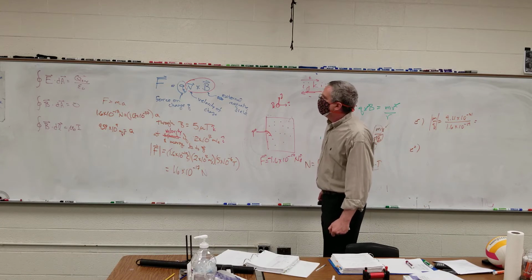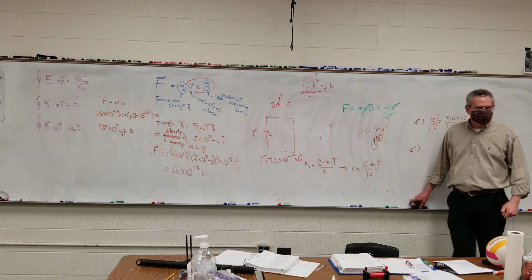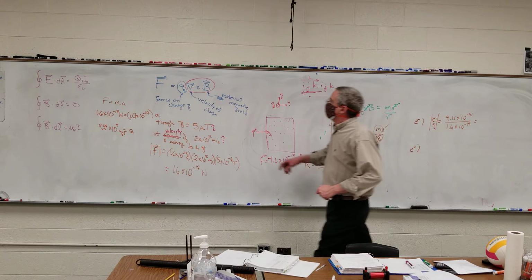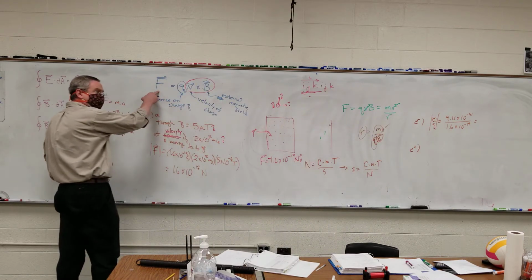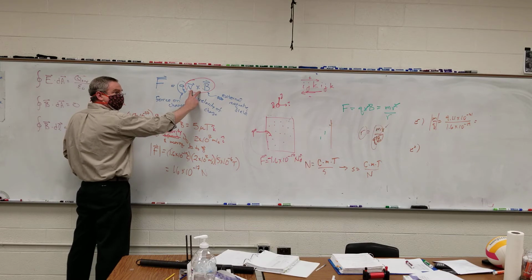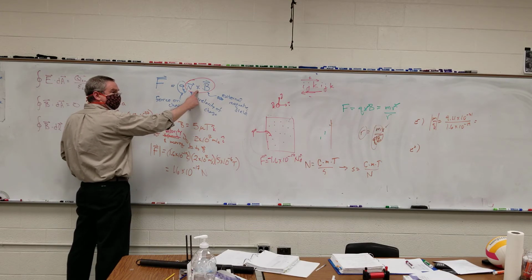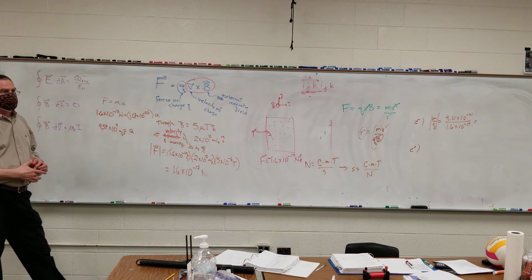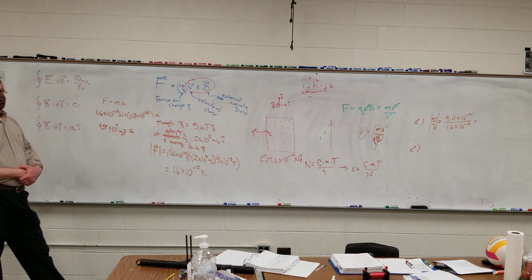If we were to find the centripetal acceleration, would it be in the direction of the magnetic field? The centripetal acceleration would be perpendicular to it. Because the acceleration has to be in the direction of the net force, and the net force is perpendicular to those two, because of the cross product. The result of a cross product is always perpendicular to the original two vectors. What do they call that, orthogonality?